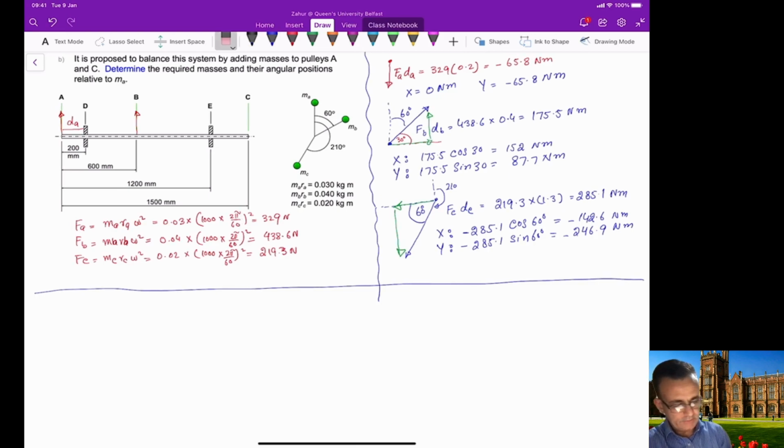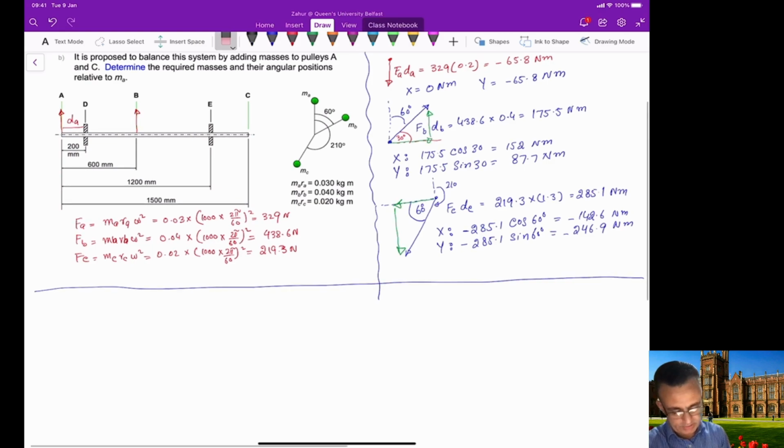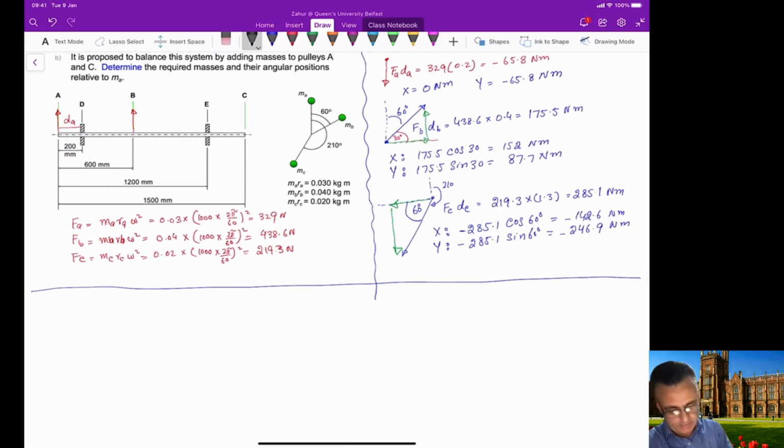So now we will apply the condition that summation of all the moments at D equals 0, and obviously we are taking this direction as positive.